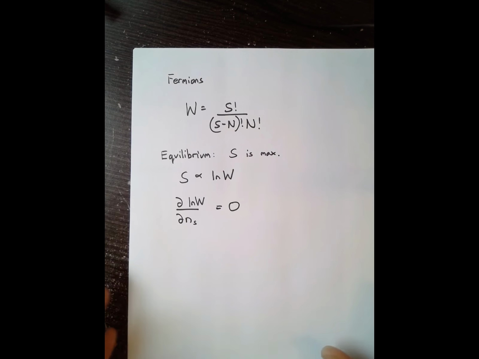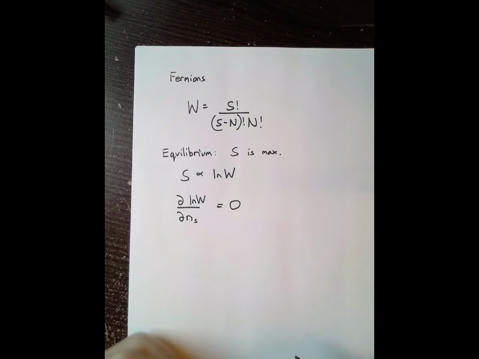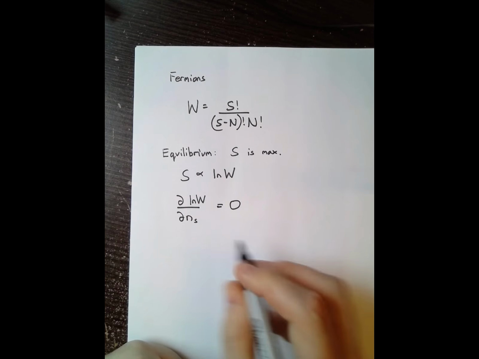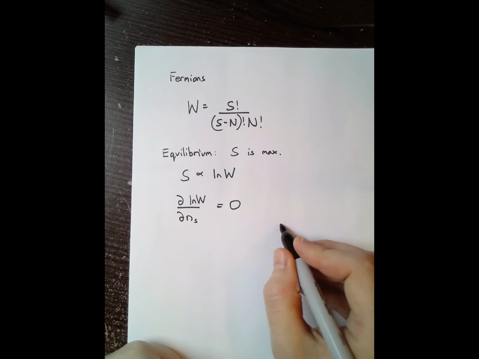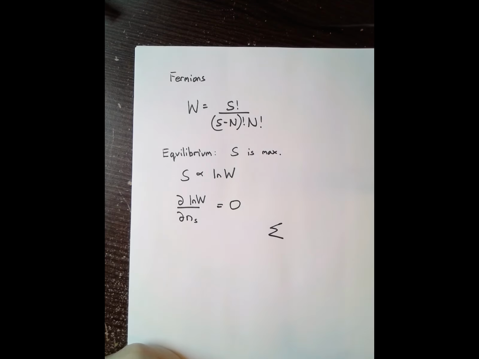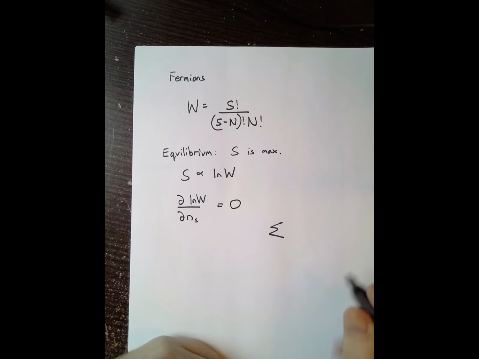If you want to go to the canonical or grand canonical ensemble, you also need to take into account the fact that there is a certain number of particles that can come and go, and a certain amount of energy that can enter or leave the system.